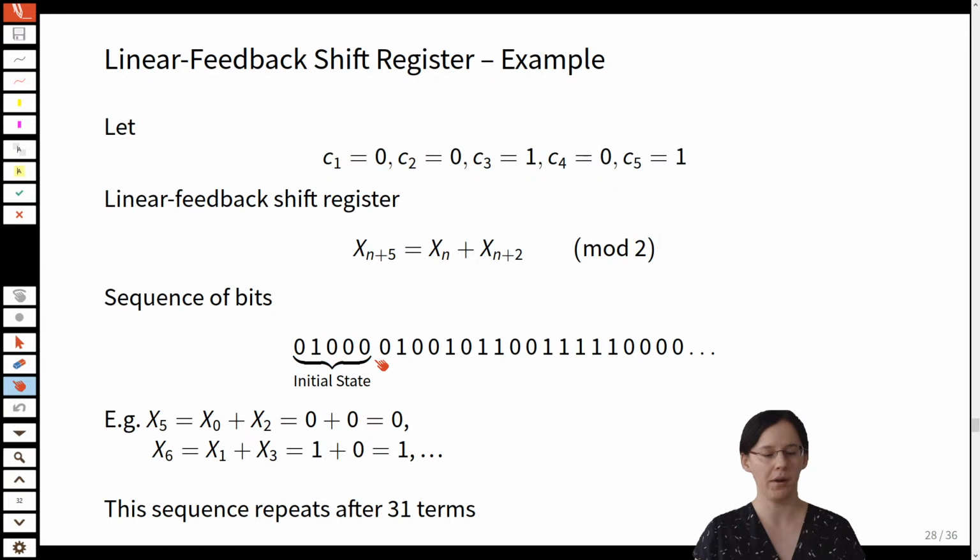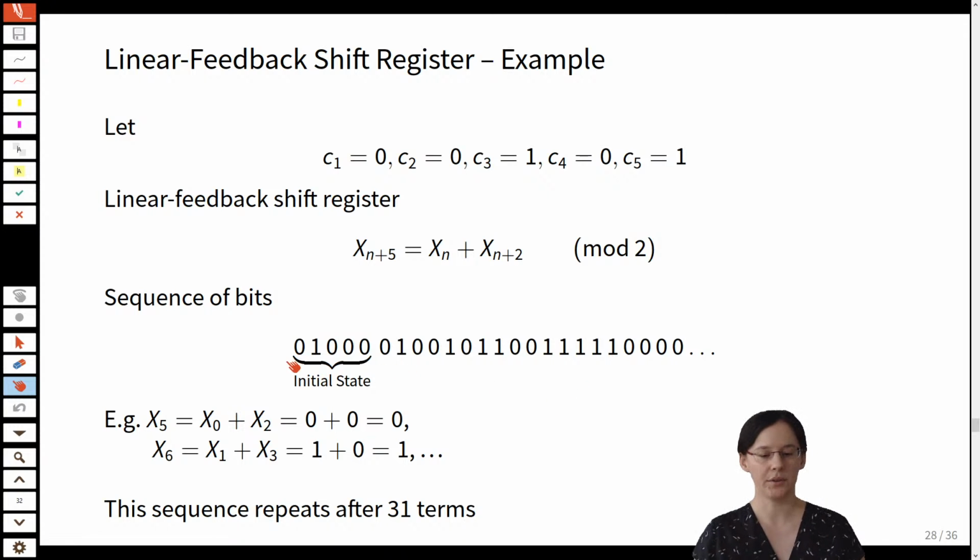So for example, x_{n+5}, so the next one here, is supposed to be x_n, which is this one here, plus x_{n+2}, which is this one here, so 0 plus 0 equals 0. And the next one is 1 plus 0 equals 1, and so on and so on. So you always use this simple linear recursion to compute the next bit.